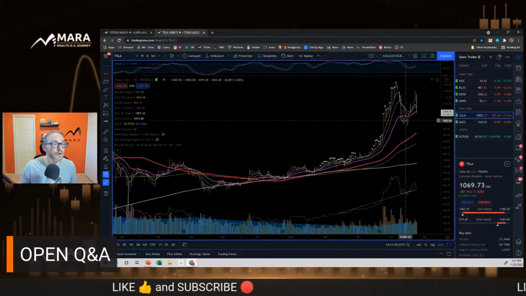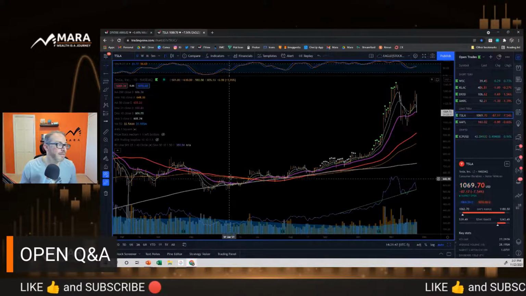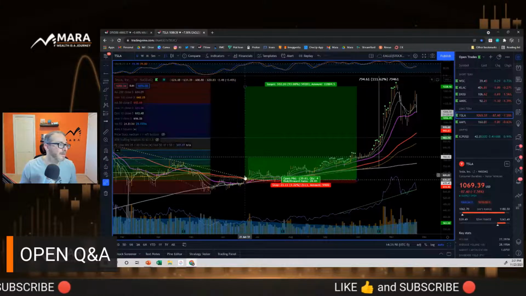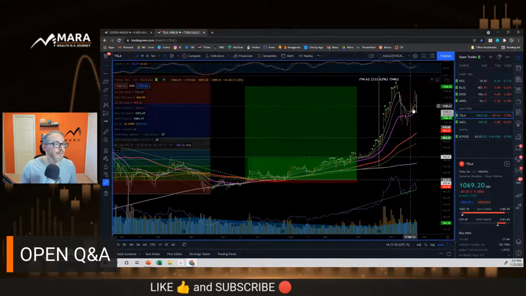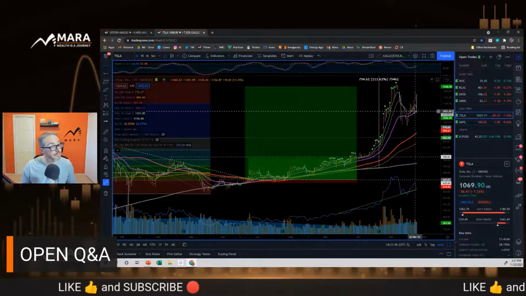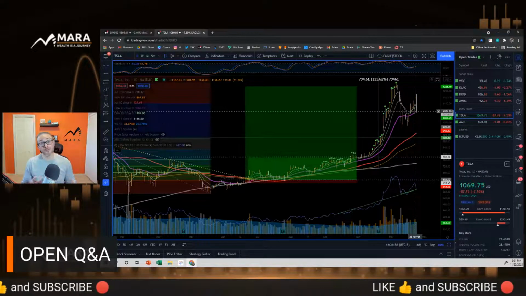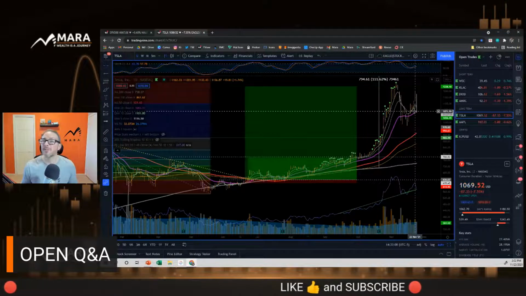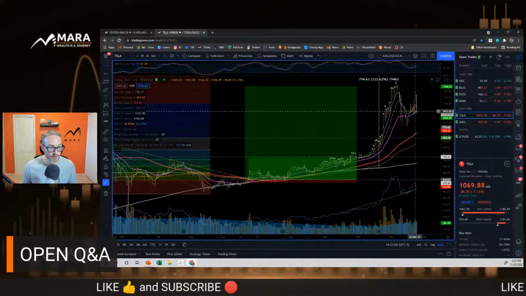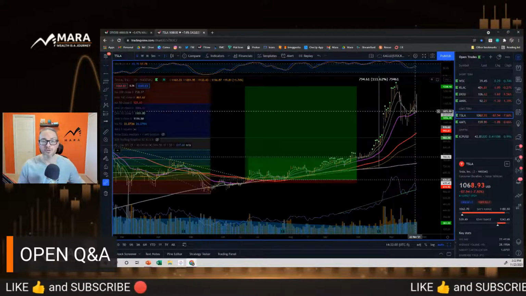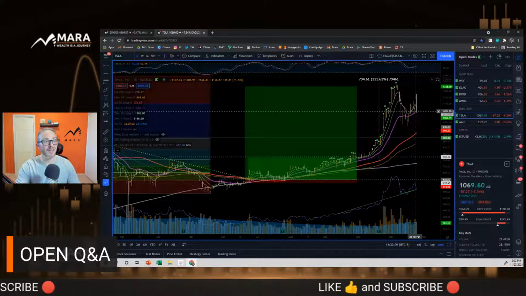Some longer term trades, right? This is Tesla. Tesla is a trade that I started way back here. Had this great move and now it's pulling back. But even this, your perspective or your intention with a trade matters a lot.